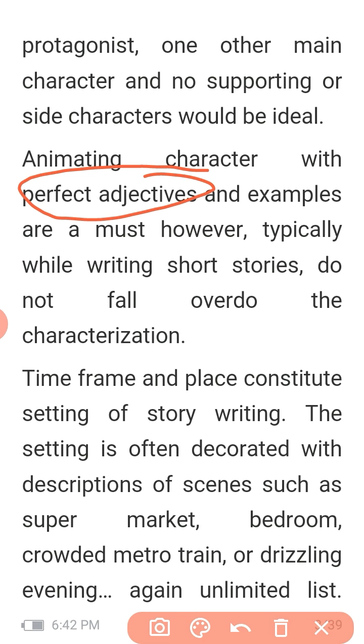Adjectives means कैरेक्टर को ठीक से डिस्क्राइब करते आना चाहिए आपको using correct adjectives, nice adjectives with nice examples. And do not overdo the characterization. It means बहुत ज़्यादा एक ही कैरेक्टर को बहुत ज़्यादा खींचना भी नहीं है. Don't overdo the characterization.